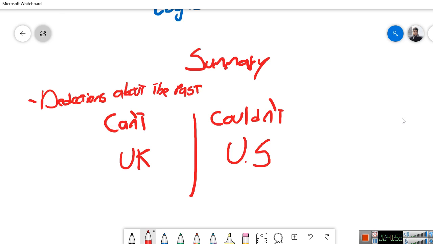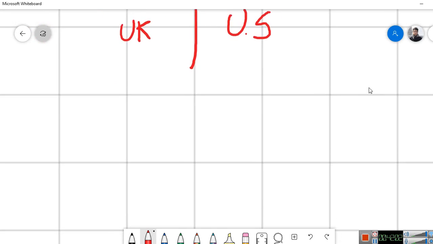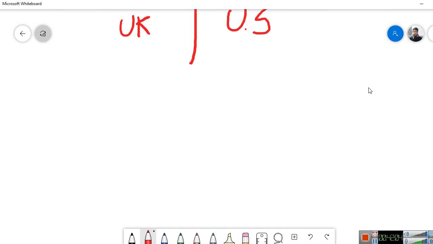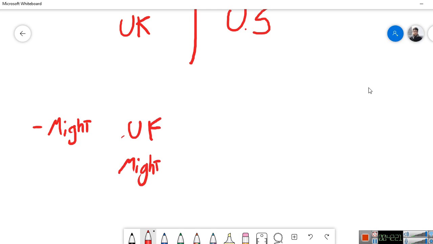And also, something that I wanted to emphasize here is that when we are not as sure about something, that means we have to use might. Well, in the UK, most people use might. And that's correct in grammatical terms. But in the US, it's very common to hear people saying must, even though they're not as sure about something.